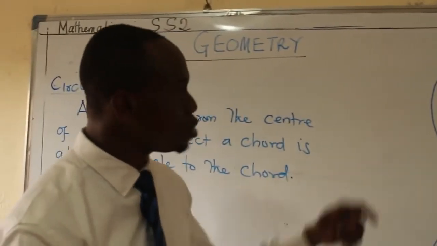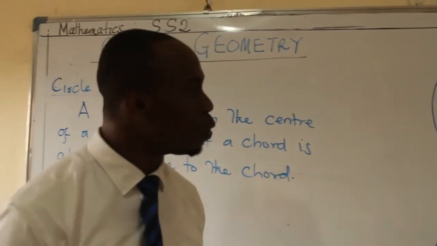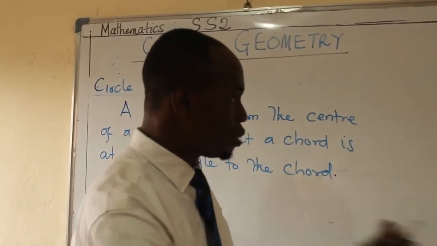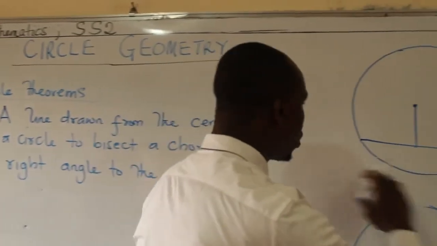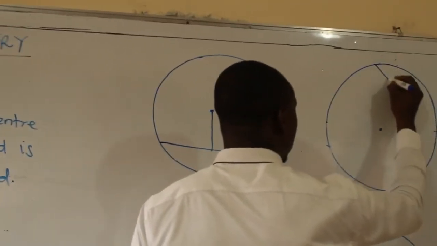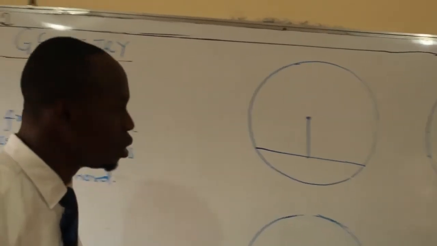But if you're trying this, you have to draw a perfect circle with a protractor and your compass. So if you draw that, you can make any chord. The chord must not face this direction. The chord can even face this part, provided you know the length of your chord.